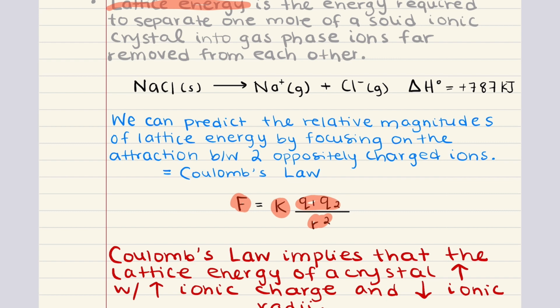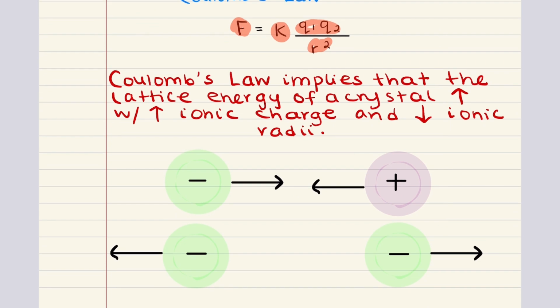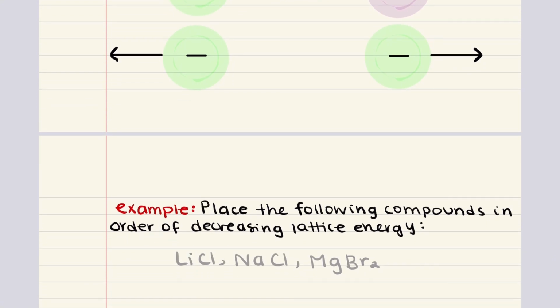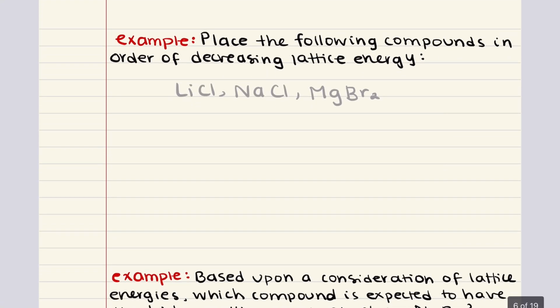Now, Coulomb's law implies that the lattice energy of a crystal increases with increasing ionic charge and decreasing ionic radii. And the lattice energy of an ionic compound is therefore influenced by both the charge and the size of ions. Charge, however, has a greater impact than size. To make sense of this, let's go ahead and tackle a couple of problems together.